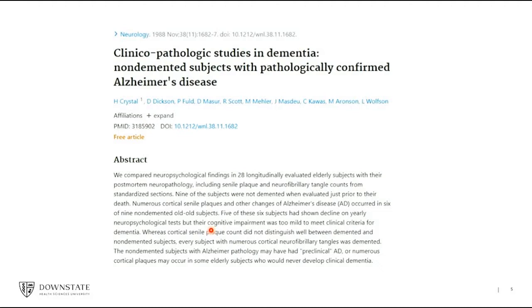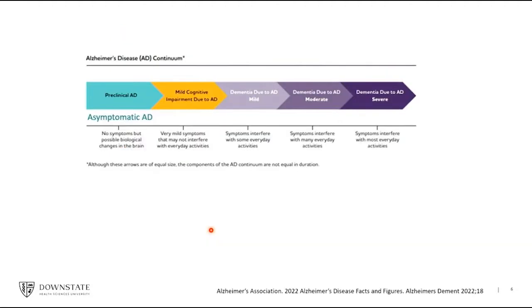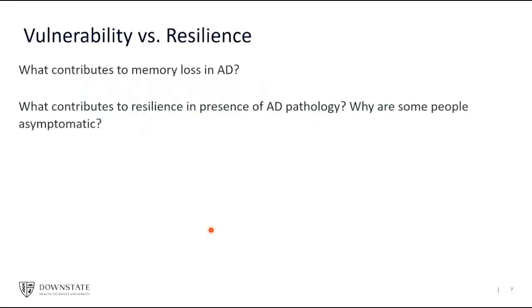And that's one term, and another term would be to call it asymptomatic AD, or Alzheimer's disease. And so now it's pretty widely accepted that Alzheimer's disease exists on a whole continuum. And some people do not move through this clinical continuum, and some people do, and the rate of progress through it varies from individual to individual.